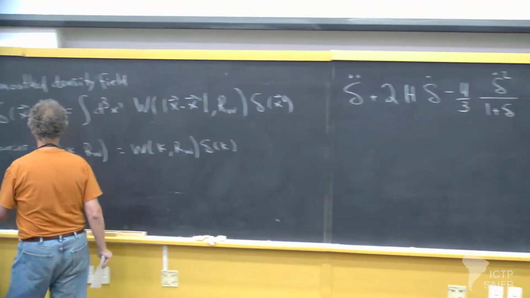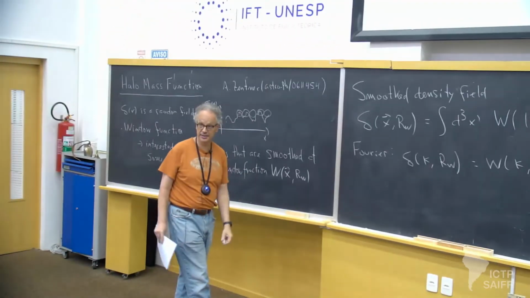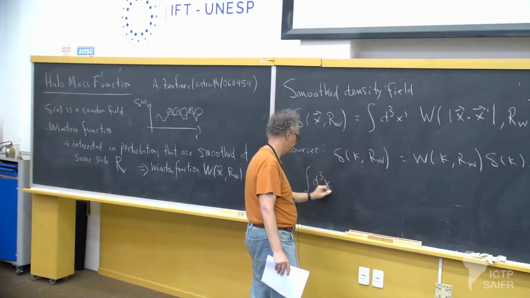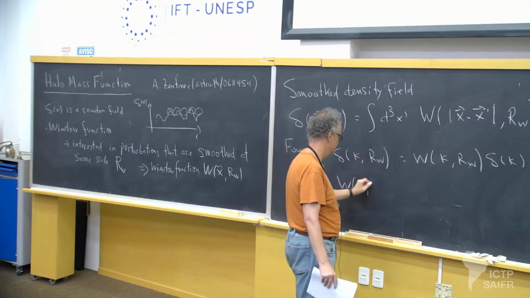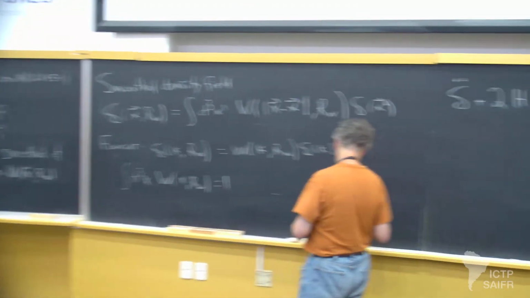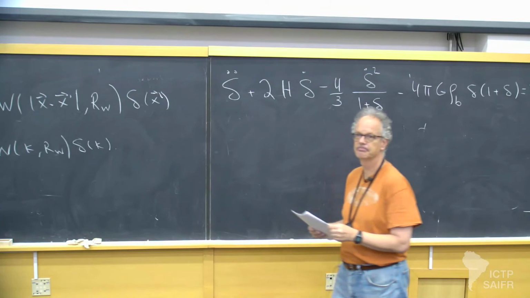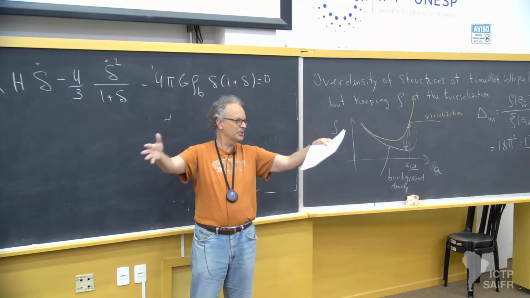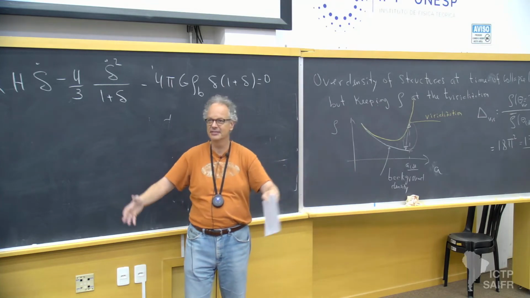And we want this window function to be normalized. So we want the integral over it equals 1. So is it clear the idea that we have this observational thing that's called the window function?